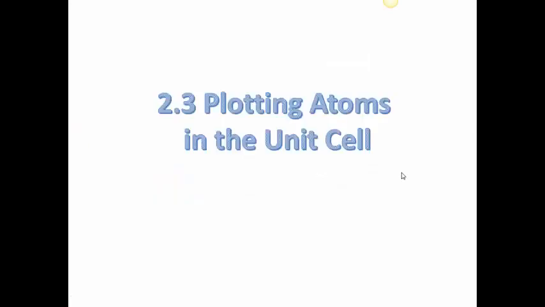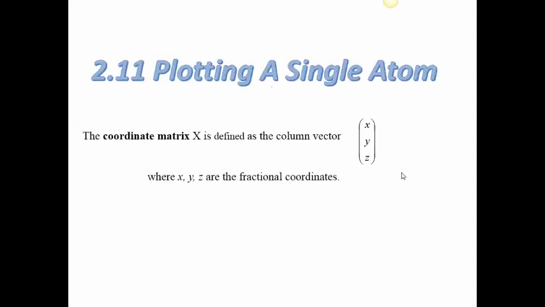Let's look at section 2.3, which is plotting atoms in the unit cell. Now we look at our coordinate matrix, referred to as X, and it's a column matrix that has the fractional coordinates in it.